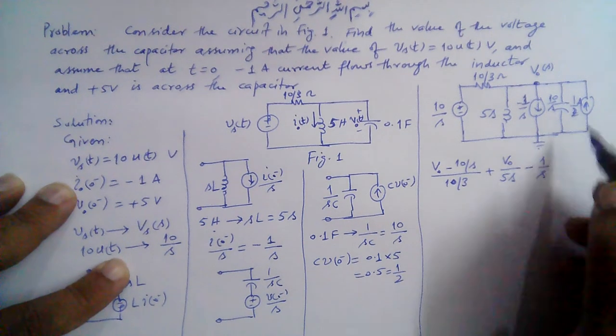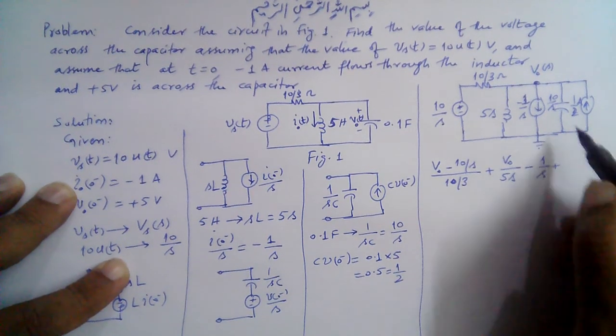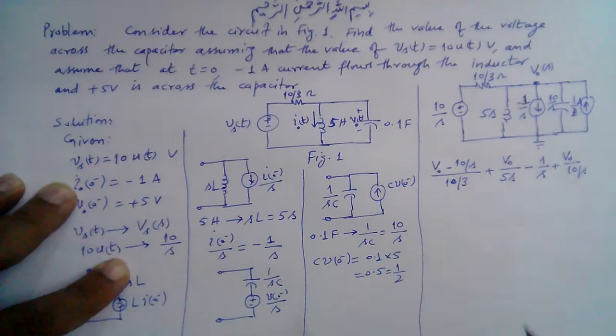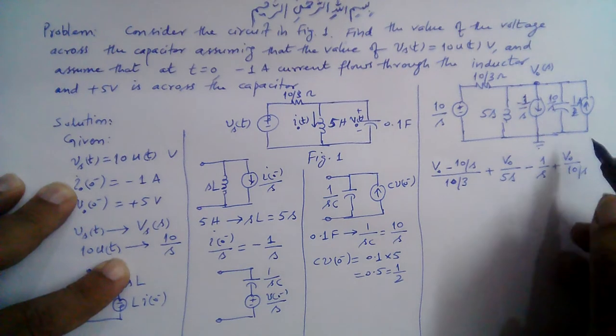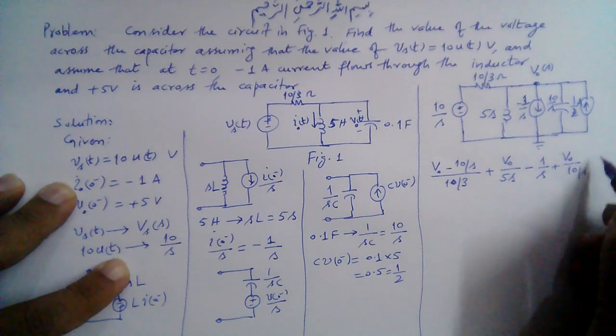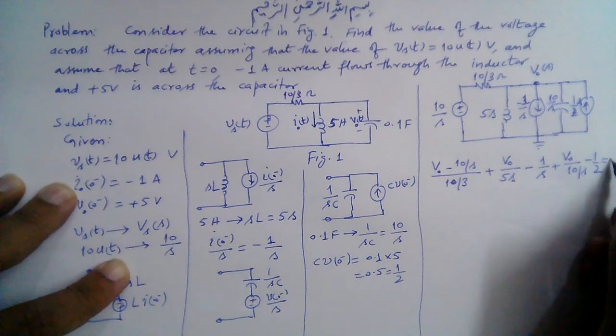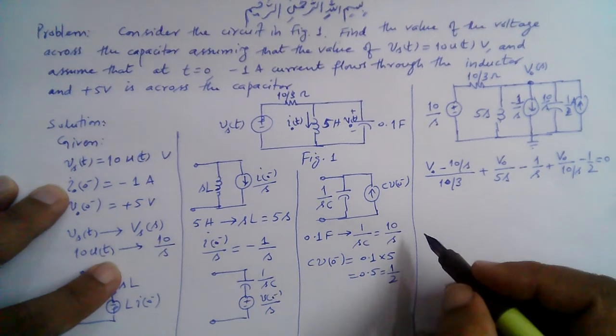And then plus V naught over 10 over S, and then this is minus 1 over 2, and this is equal to 0, right?